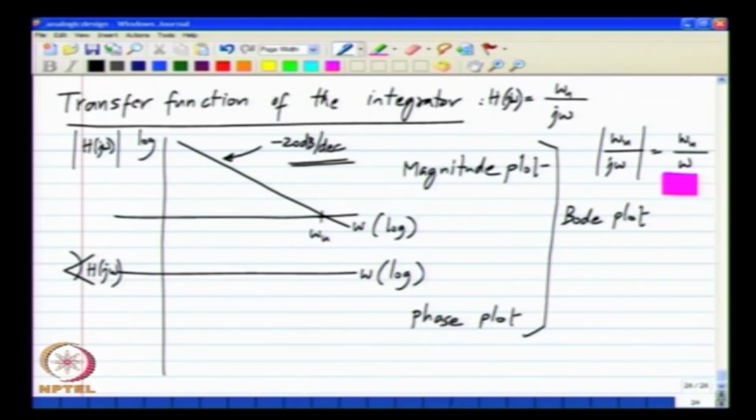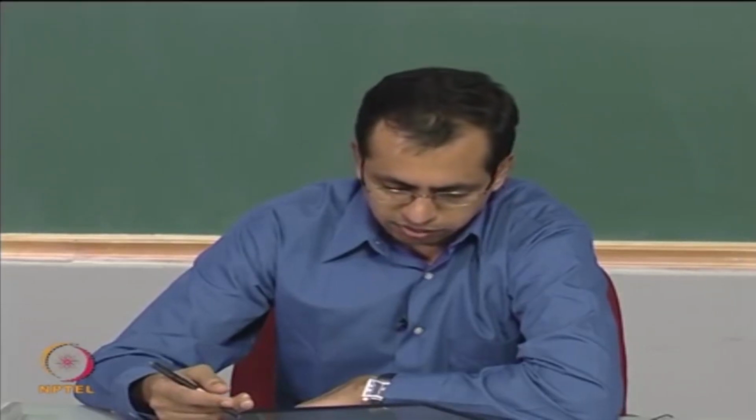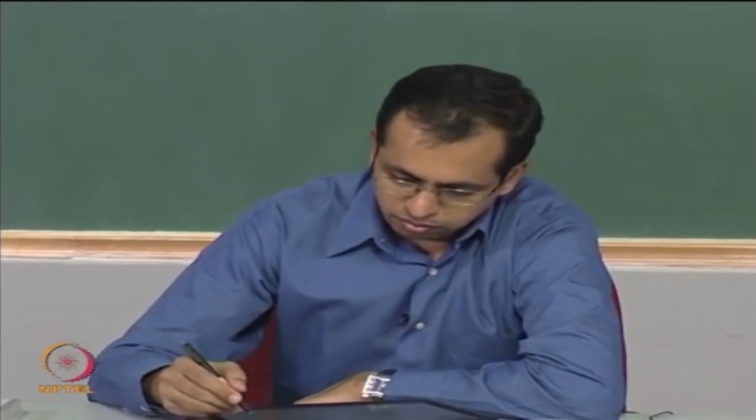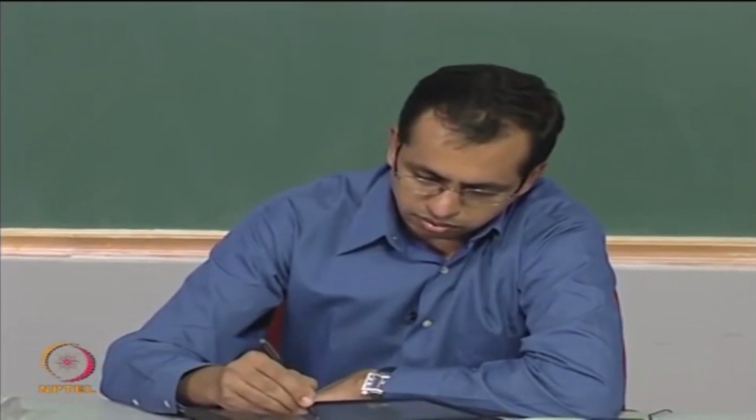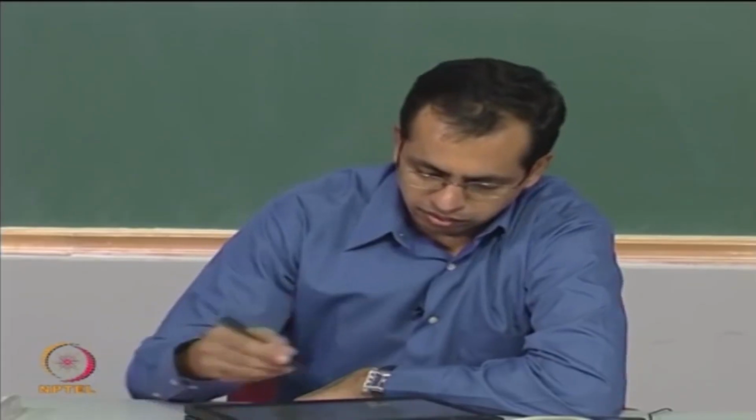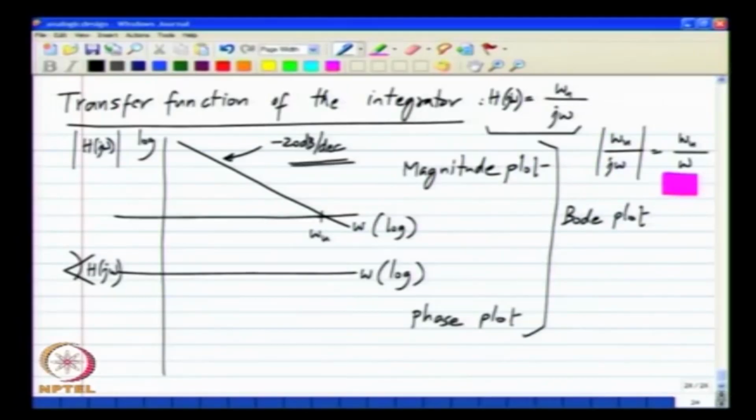Now, for the phase of the integrator's transfer function, this is even easier, because we have a single j in the denominator. The phase of this transfer function is always equal to minus pi by 2 or minus 90 degrees. Okay. So, the integrator's transfer function has a magnitude that is decreasing with frequency at 20 dB per decade slope, and it has a phase which is constantly minus 90 degrees for all frequencies.